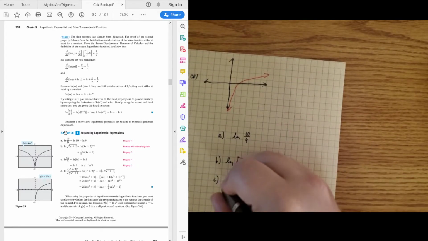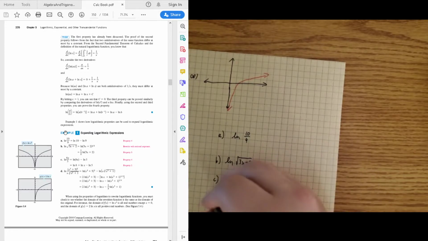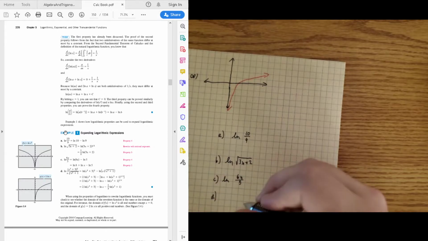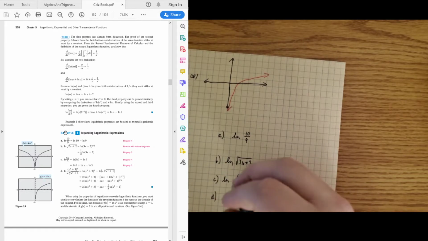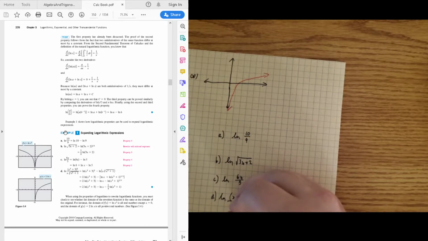Our third example, ln of 6x over 5. And then for our fourth example, we have the nasty one, ln of (x squared plus 3) squared over x times the cube root of x squared plus 1.